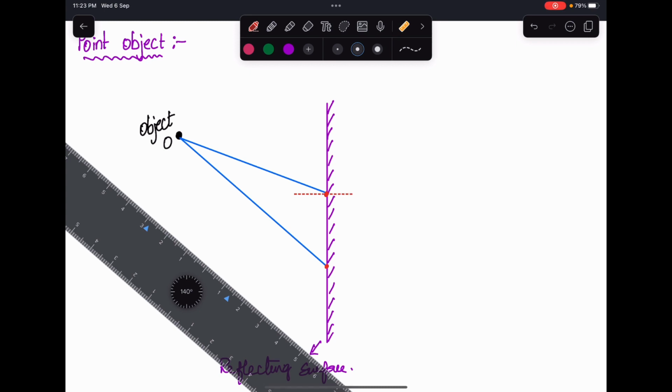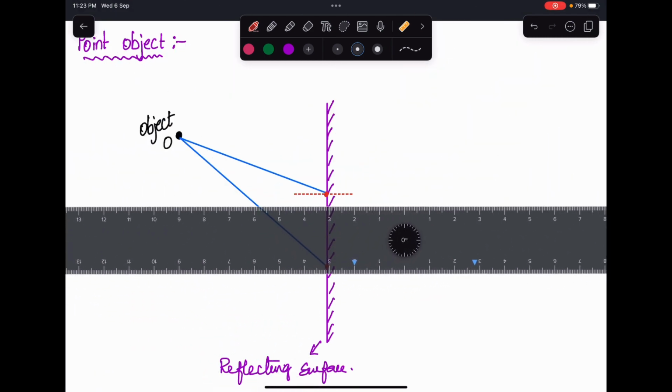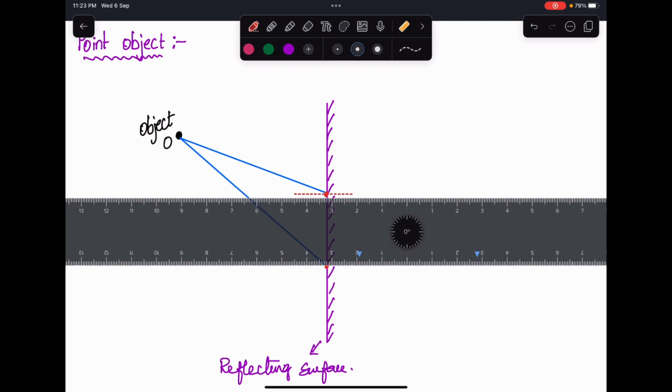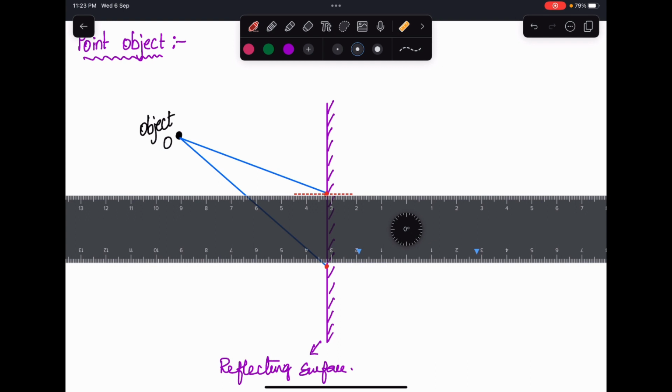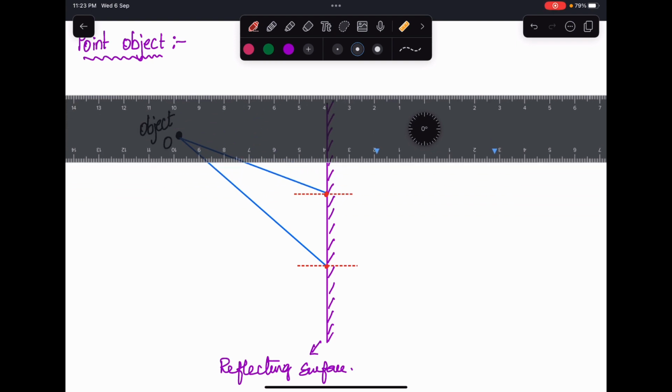It will be perpendicular to the plane mirror. Let us check if it is perpendicular or not. Yeah, exactly, it is perpendicular. And now one more line at the point of incidence, and it acts as your normal. So done, two normals I have written. This is one normal and this is the next normal.